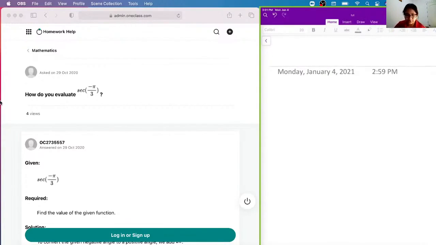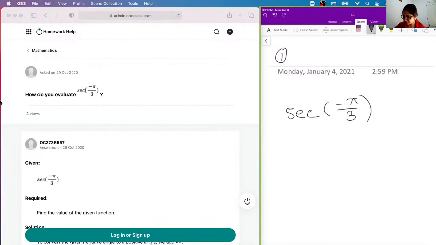So our first question here says, how do you evaluate the secant of negative pi over 3? And so to do this, we should basically say, what is secant of negative pi over 3?